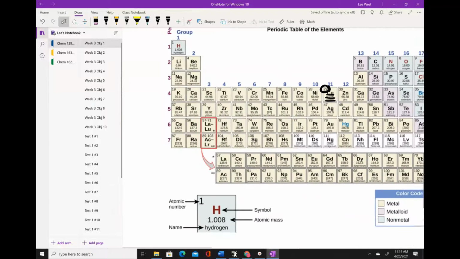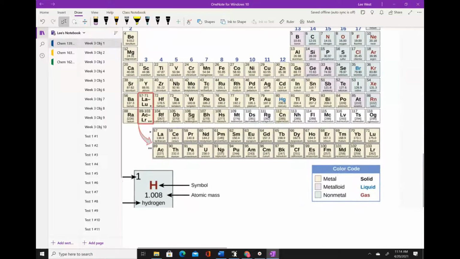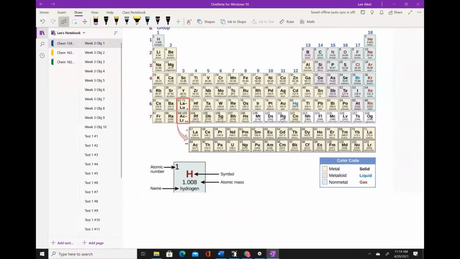In the Alex periodic table, it's kind of similar, but you can click on the element and get further information. It's actually interactive. This periodic table is nice because it gives the physical state of the element under standard state conditions, and it also tells you whether it's a metal, semi-metal, or non-metal, which is kind of cool.